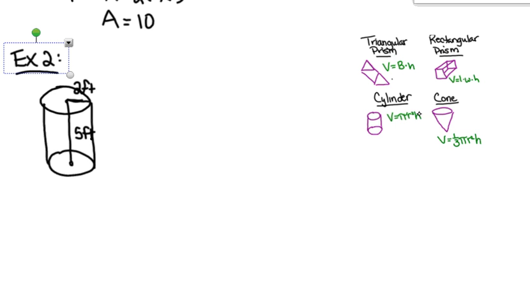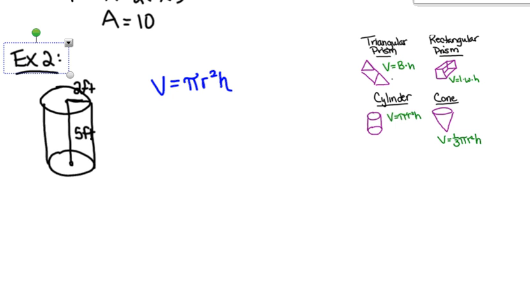But when I consult my little sticky note with all my formulas, I see that this guy is a cylinder, and because he's a cylinder, I'm going to use the formula volume is equal to pi times r squared times h.